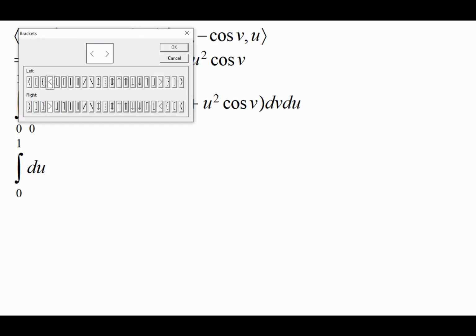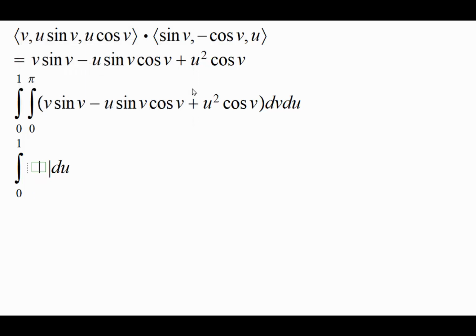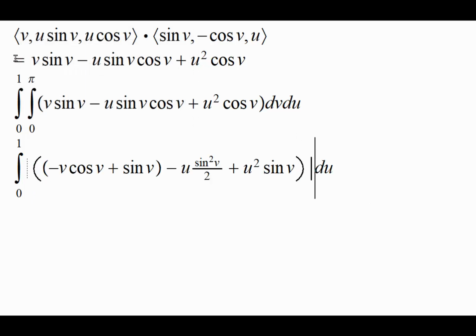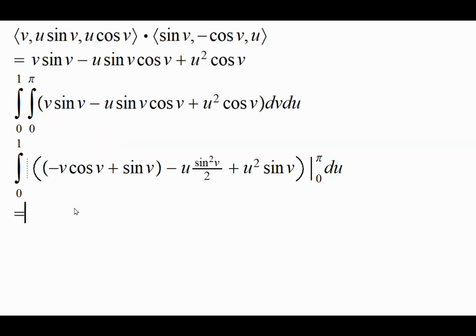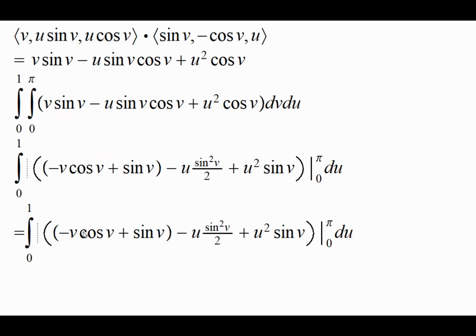So let's do that. Okay, so we got this. The upper limit is pi, the lower is what? 0. So if we apply pi here, then what shall we get? Here we will get negative pi cosine pi, which will be positive pi.